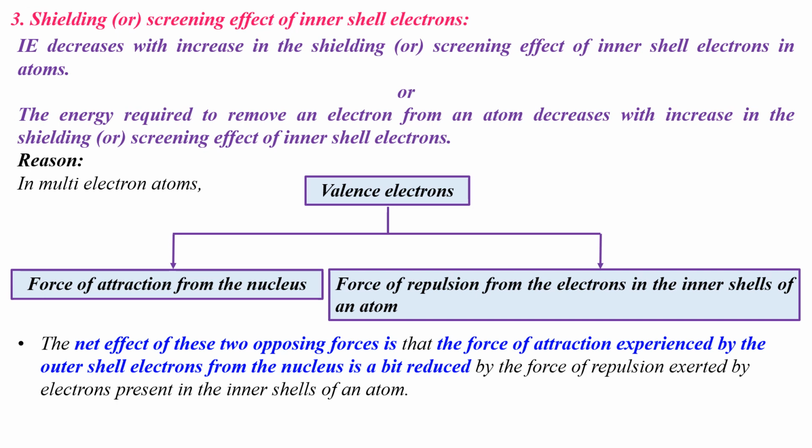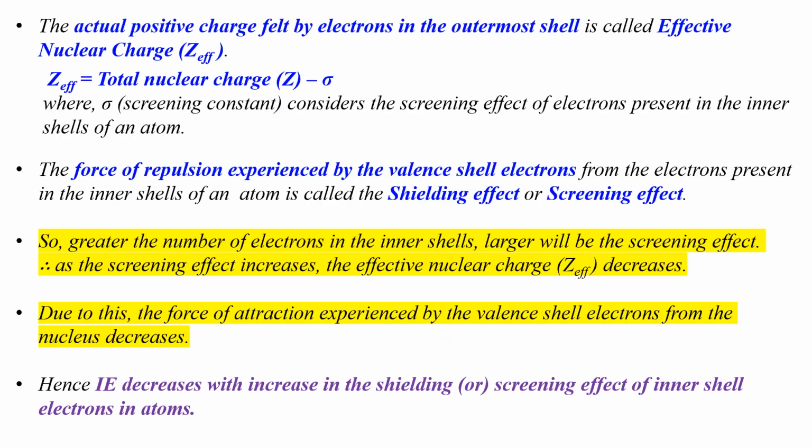The net effect of these two opposing forces is that the force of attraction experienced by the outer shell electrons from the nucleus is a bit reduced by the force of repulsion exerted by electrons present in the inner shells. Clear?